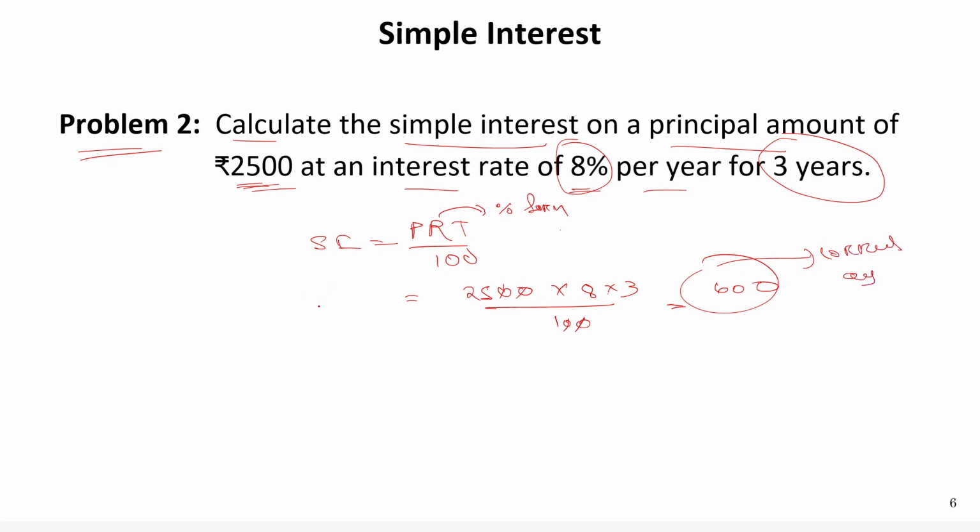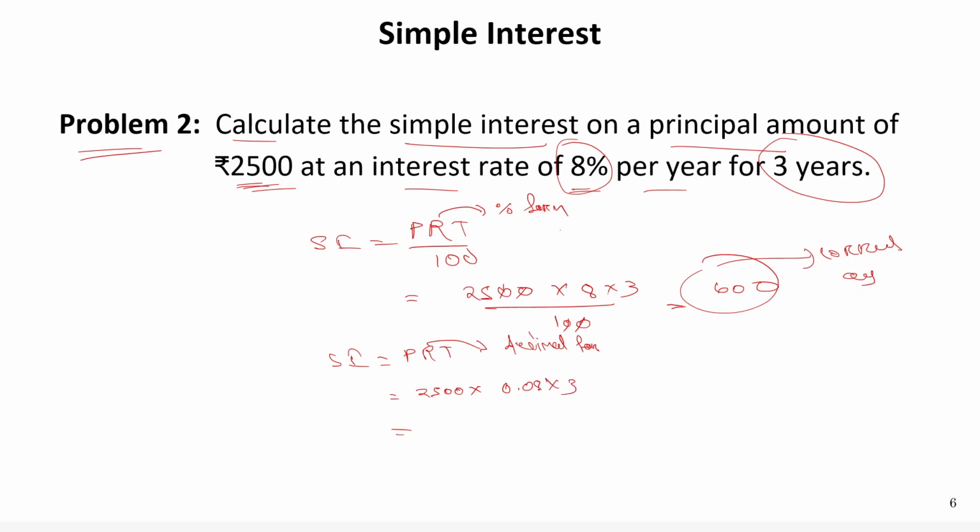Let's solve it using the second method, that is SI is equal to PRT. This formula is applicable when the rate is in decimal form. So P is equal to 2500, R is equal to 0.08, and for 3 years, so T is equal to 3.